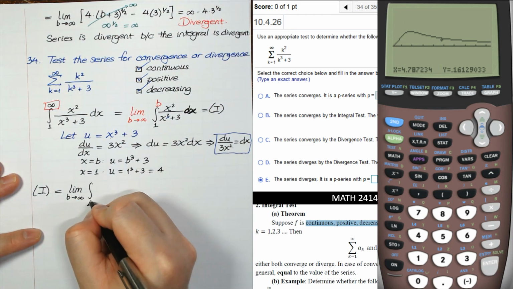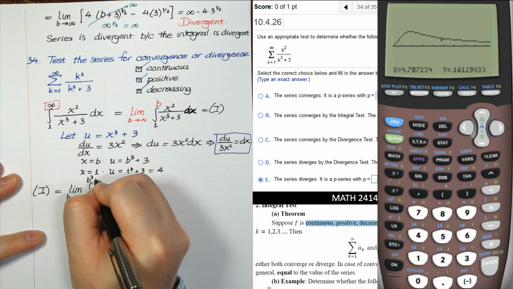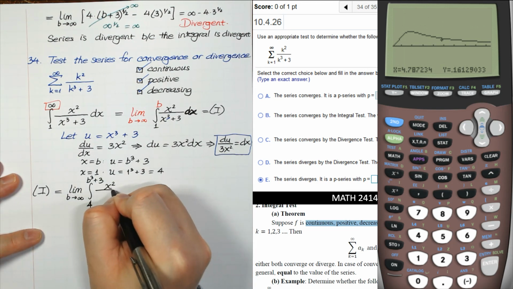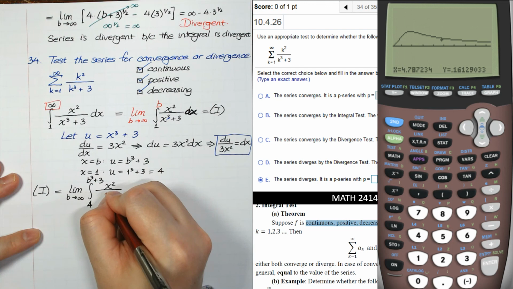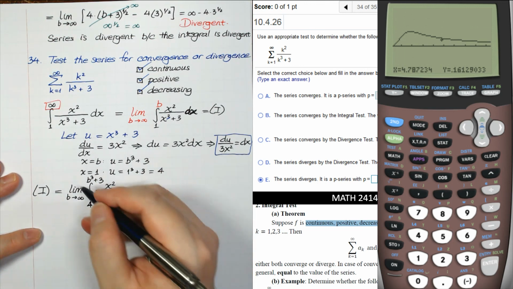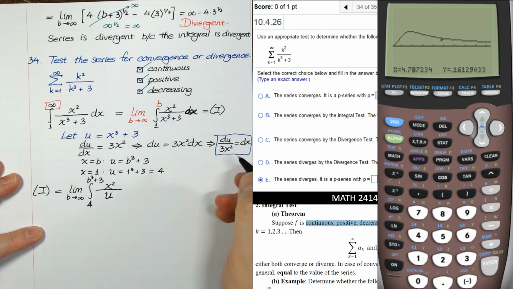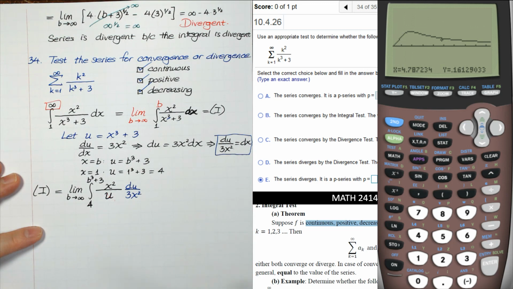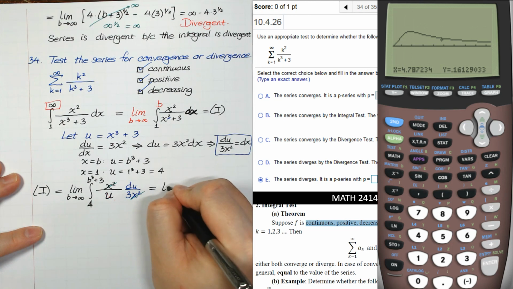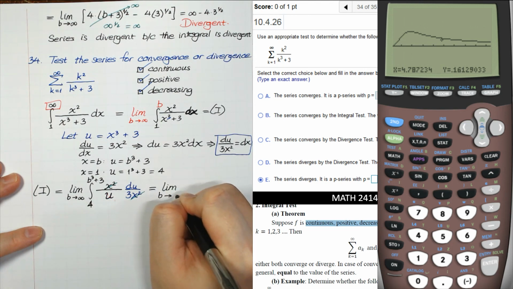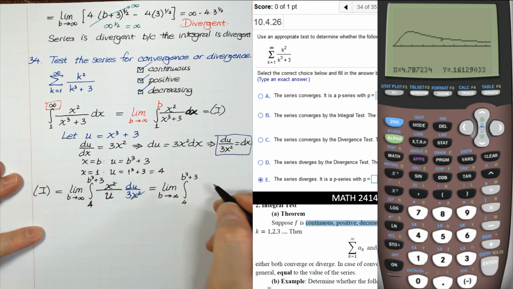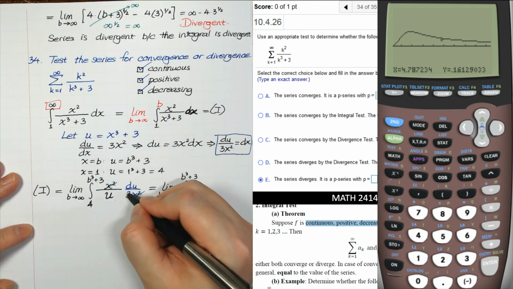Now it goes from 4 to b cubed plus 3, and then x squared over u, where dx is du over 3x squared. The x squared cancels out. Also take the 3 outside.